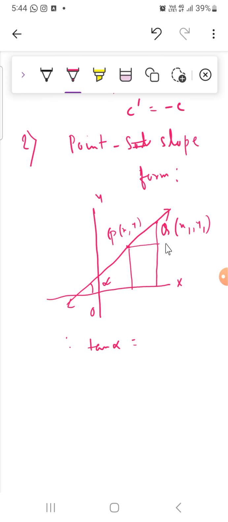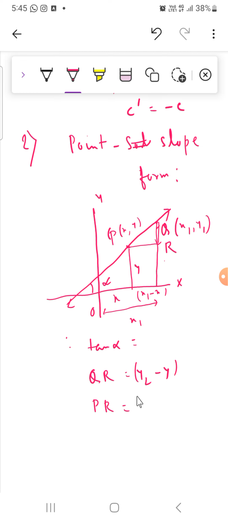This is P, Q. Here I am taking this as R. So this is y, this is x, and the whole distance is x1, so this will be x1 minus x, and this distance QR will be y1 minus y, and PR will be x1 minus x.